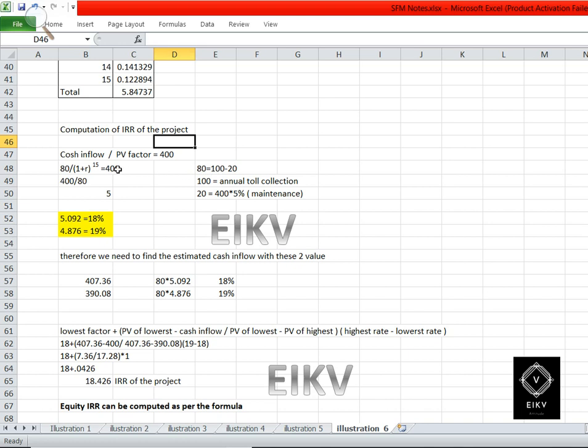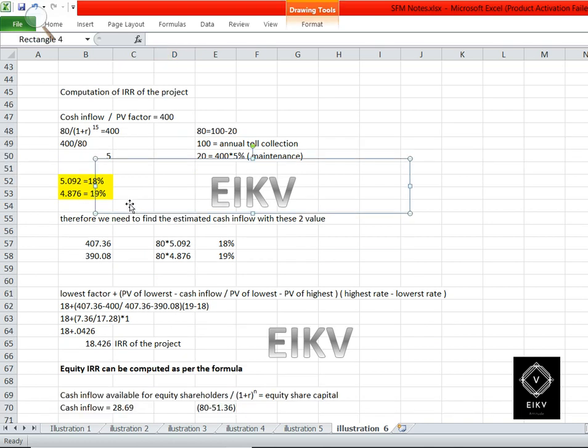So we take the cash flow of 80 divided by (1 plus R) whole raised to 15 equals 400. We need to find R, the internal rate of return. By computing 400 divided by 80, we get an amount of 5.